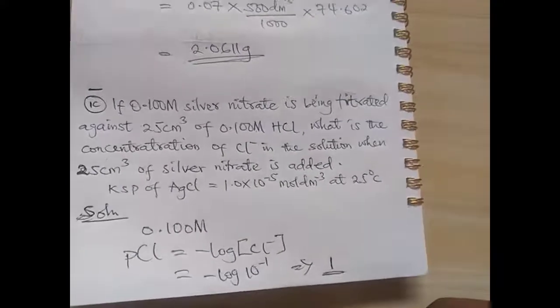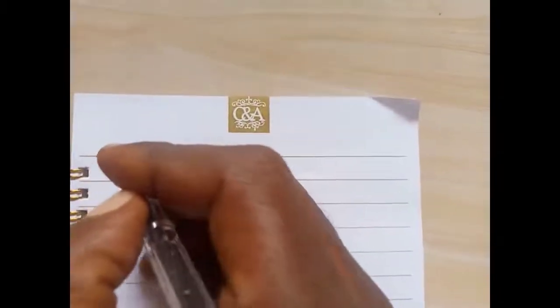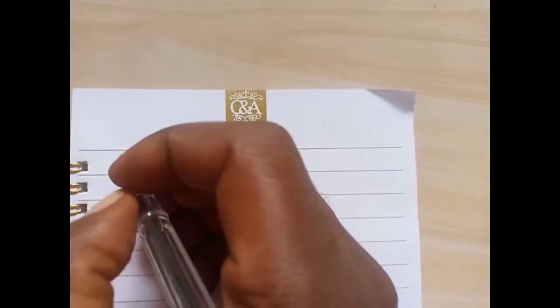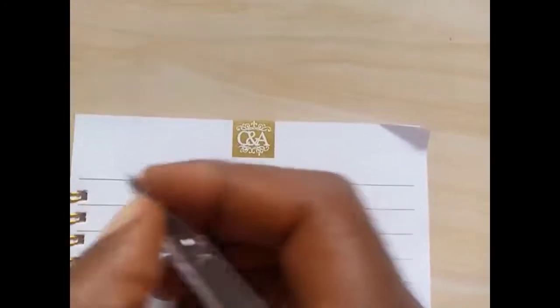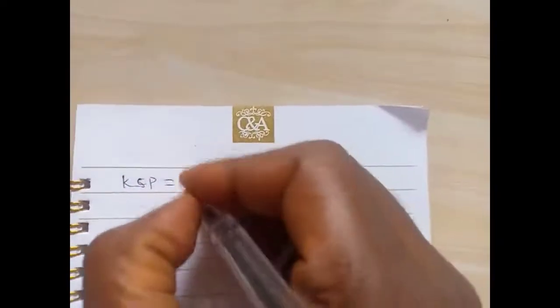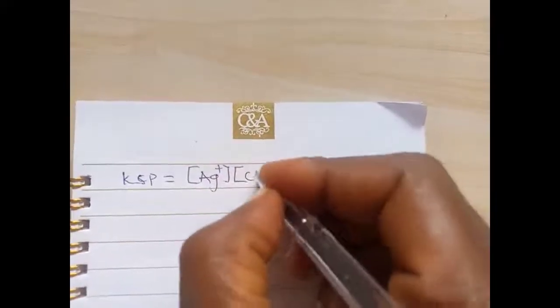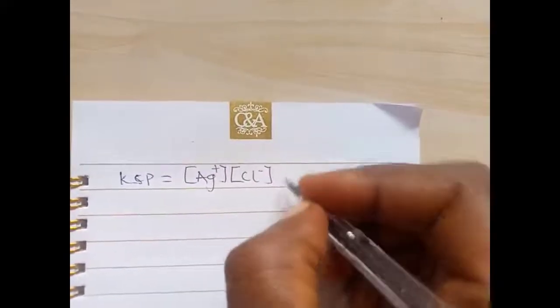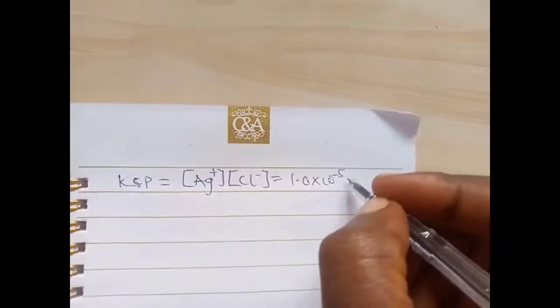So 1. After the addition of 25 cm cubed of silver nitrate, the solution will be saturated with respect to the silver ion and chloride ion, so that silver ion concentration in solution equals chloride ion concentration. But remember that KSP is equal to concentration of silver ion times concentration of chloride ion, which is 1.0 times 10 raised to power minus 5 mole per dm cubed.